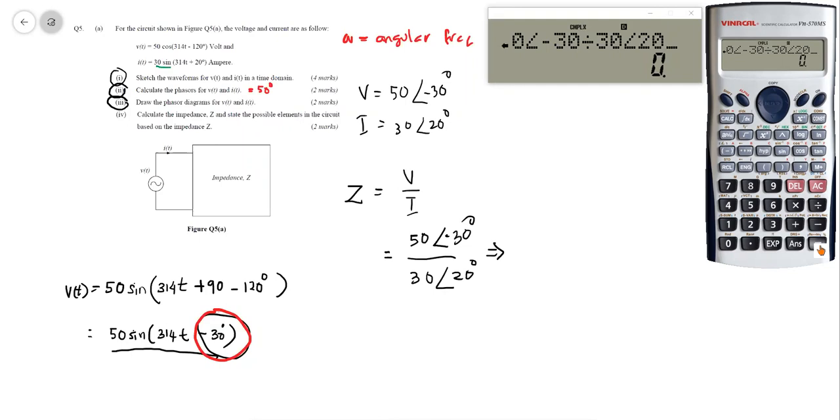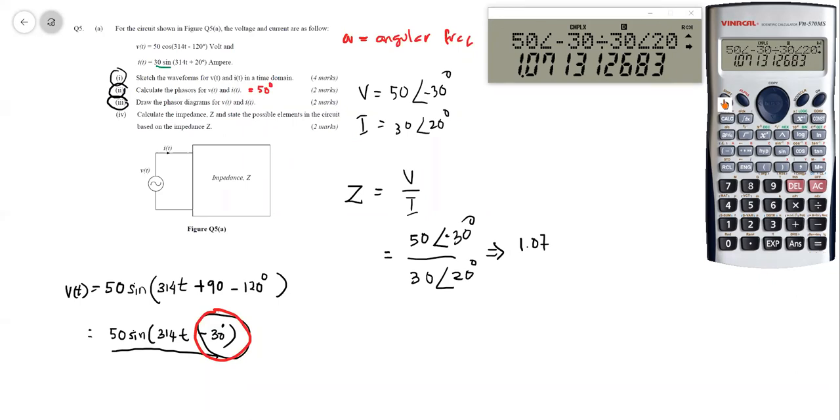Then just click equal. It will give you the answer in rectangular form: 1.07. And to get the imaginary part, shift equal, so you will have the imaginary part, negative j1.28 ohm.